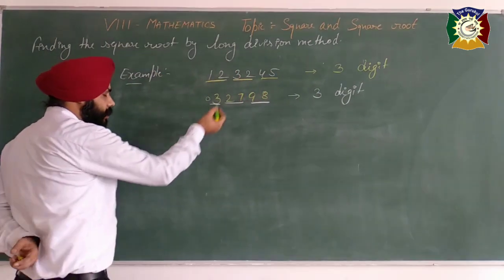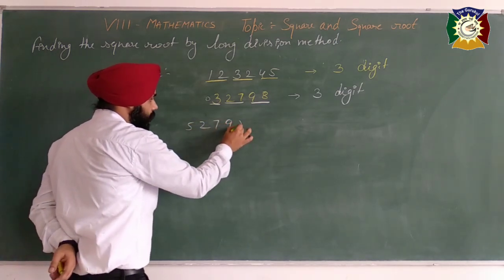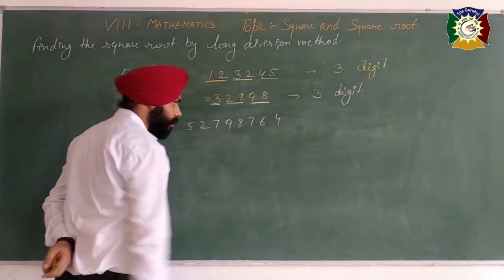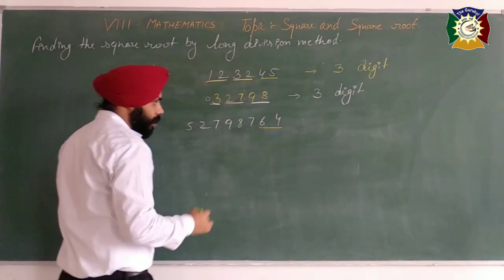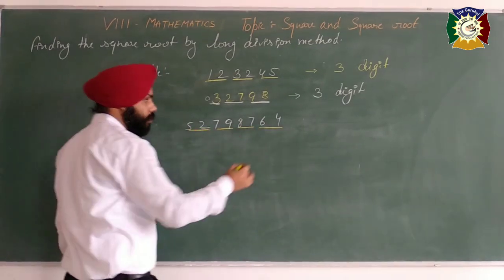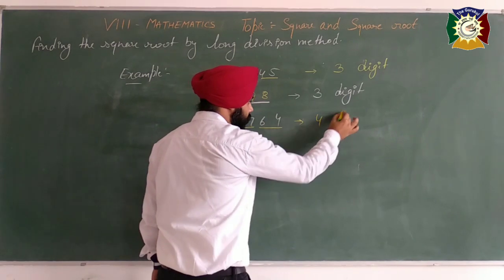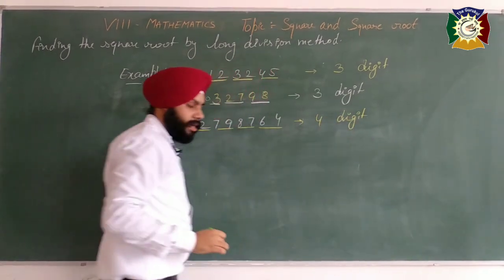Similarly, you can take another large number, 5, 2, 7, 9, 8, 7, 6, 4. Now start to make pairs from the right. One pair, second pair, third pair, fourth pair. So how many digits do we get in its square root? That is a 4 digit answer.